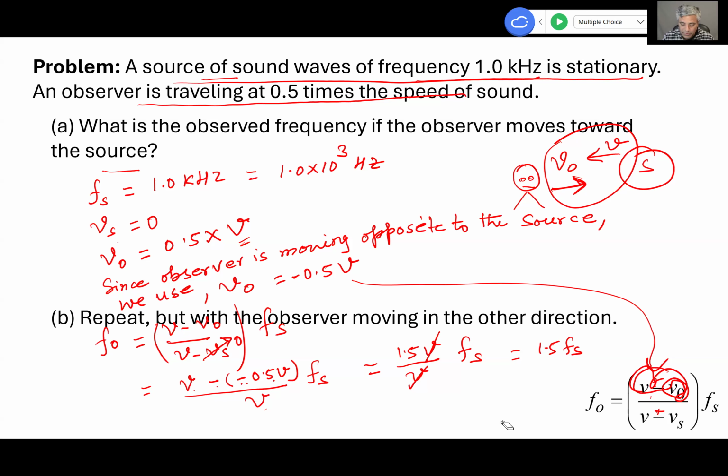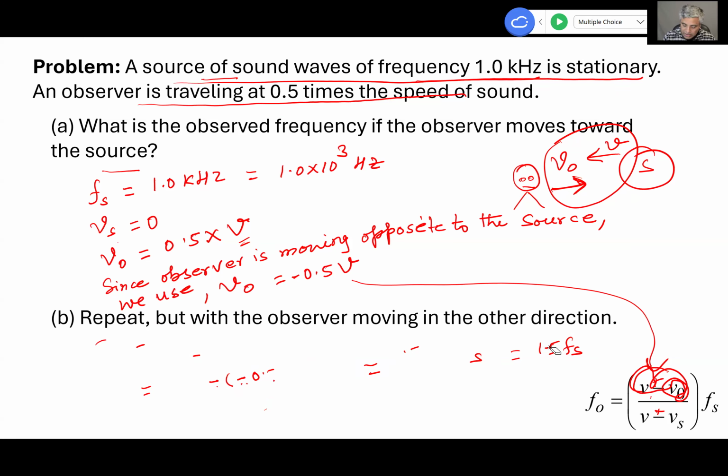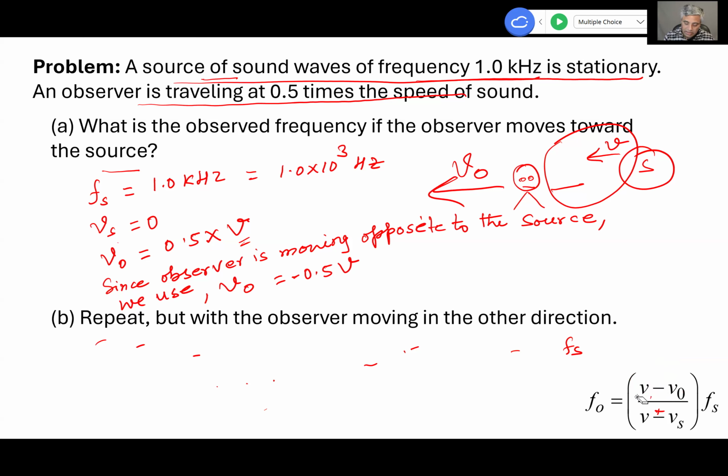And there is part B, where I am asking you to repeat this with the observer moving in the other direction, meaning the opposite direction. So the observer is also moving that way. So you are driving this way and a car is approaching you from behind. Now in that case, what happens?